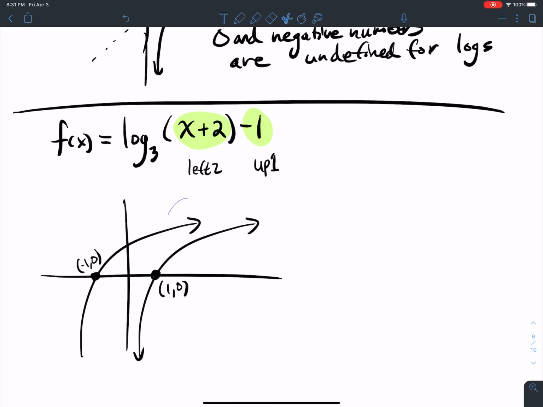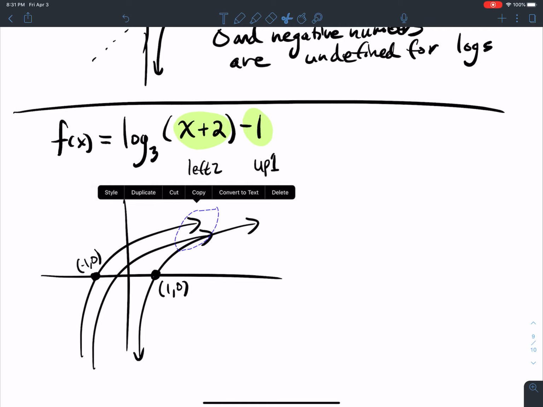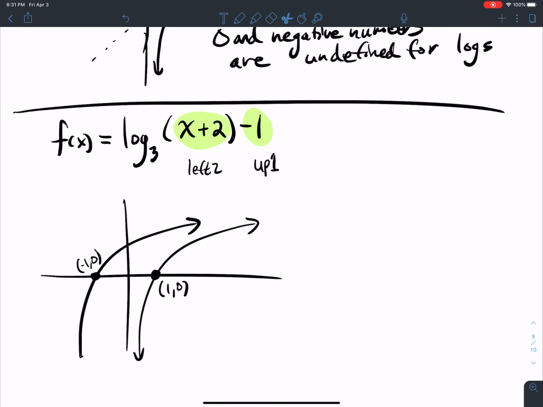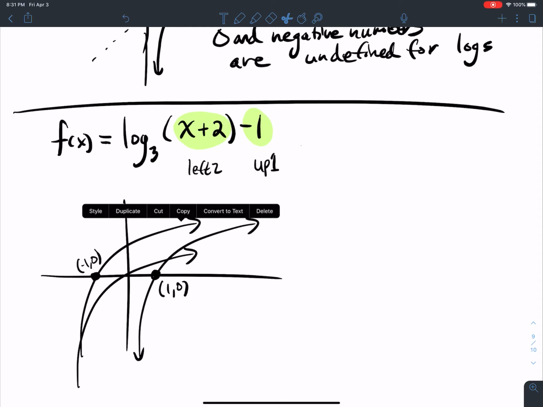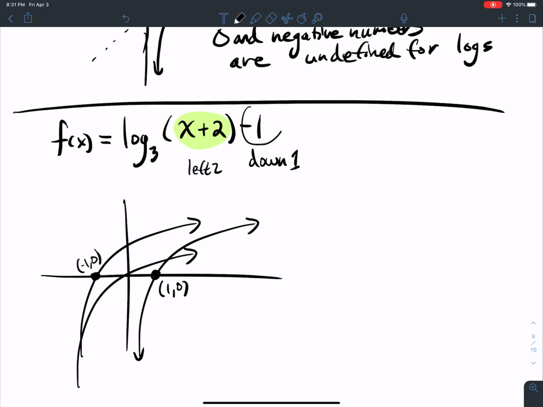And now I'm going to take my graph and shift it down 1. Now, why I wrote up 1 here, I have no idea. This is down 1. Sorry about that. Okay, so I shifted down 1. So this point now is negative 1, 1.